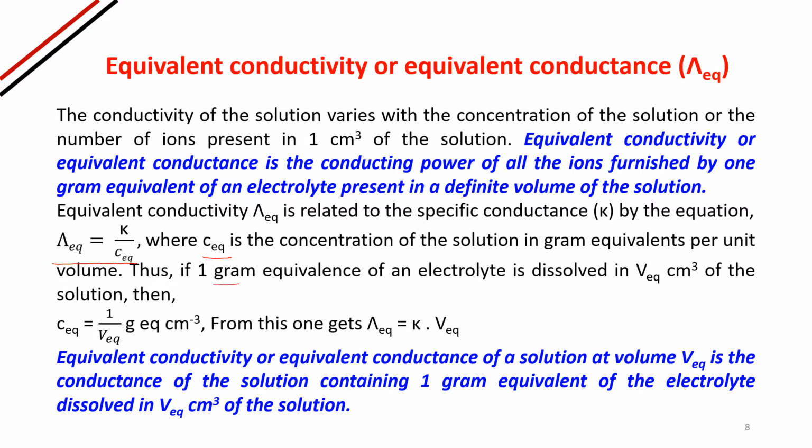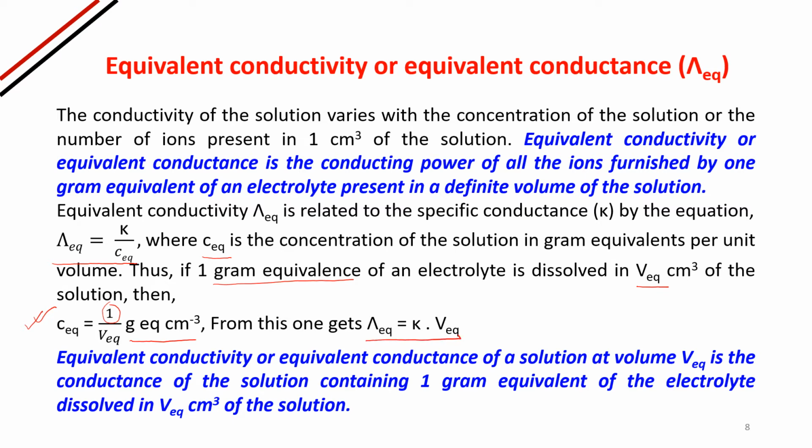Thus, if 1 gram equivalence of an electrolyte is dissolved in V equivalent centimeter cube of the solution, then concentration of that solution C equivalence is equal to 1 by V equivalence, and the unit will be gram equivalent per centimeter cube, because this is not only a numeral 1, it is 1 gram equivalent. Okay, so we are getting lambda equivalence is equal to kappa into V equivalence.